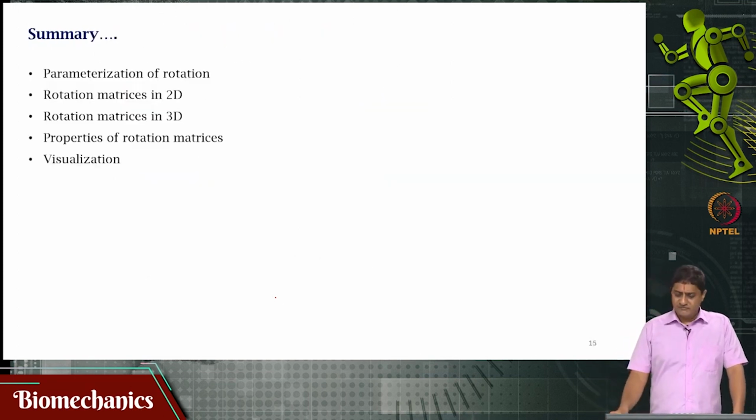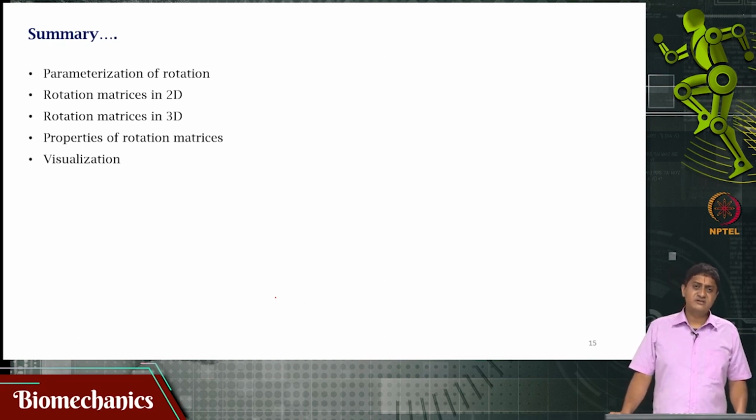So, in this video we looked at various ways in which we can parameterize rotation, and we saw how to derive the expression for the rotation matrix in 2D. We did not do this derivation for 3D. I will leave that as an exercise for you to do.